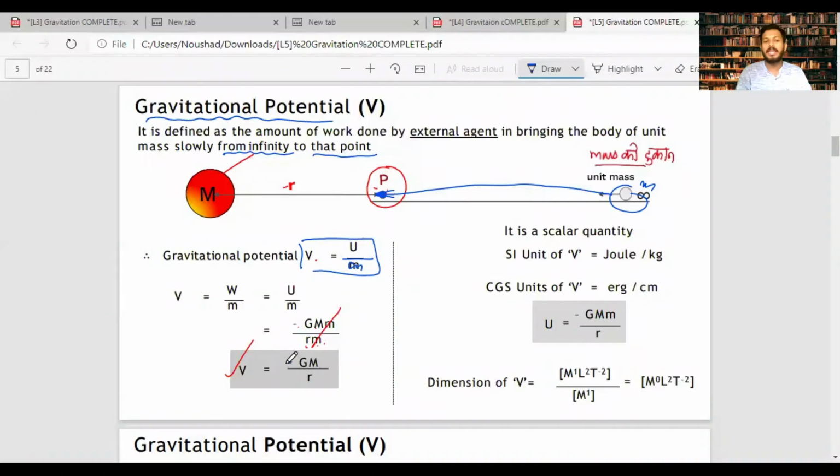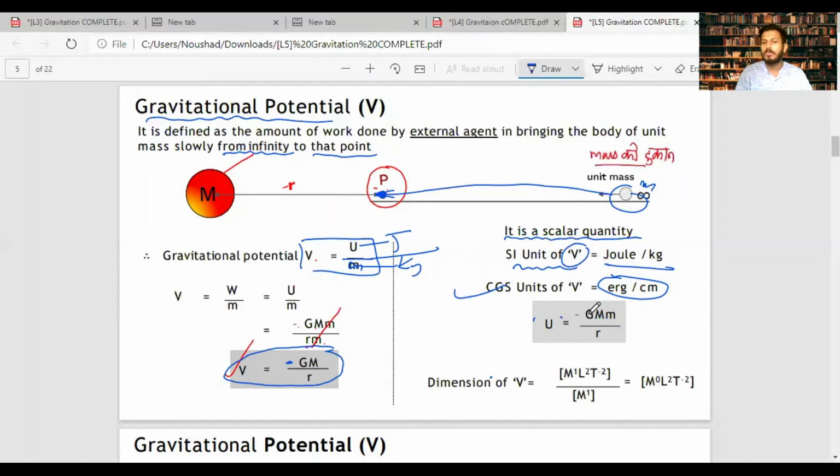V equals minus Gm by r. It is a scalar quantity. The SI unit of potential is joule per kilogram, because this is joule and this is kilogram. The CGS unit is erg per gram. U equals minus GMm by r.